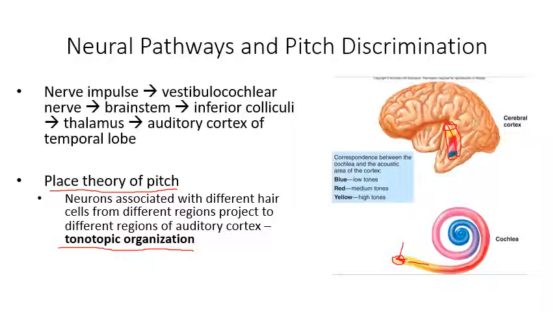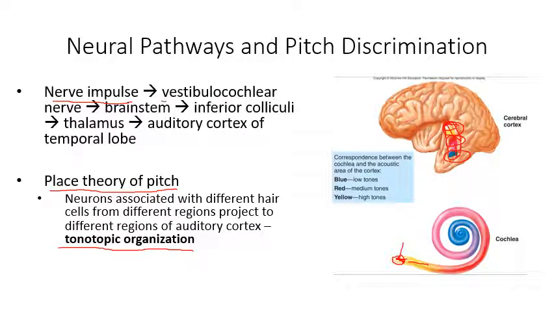So depending on which sensory cells are signaling, if it's sensory cells from this region, medium pitch, sensory cells from this region are getting stimulated, then low pitch, and those with high frequency would be high pitch, sent to this region. Okay, so that is how we're sending. And again, neural pathways, we get the impulses.